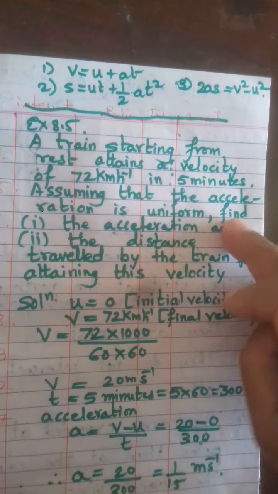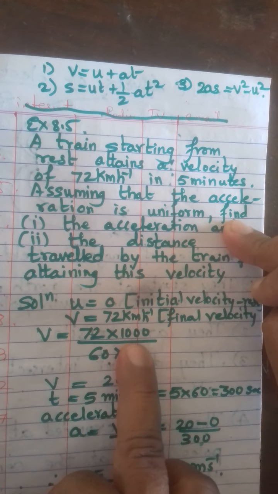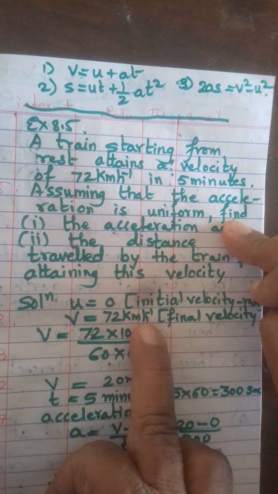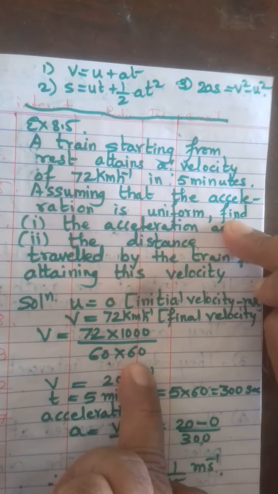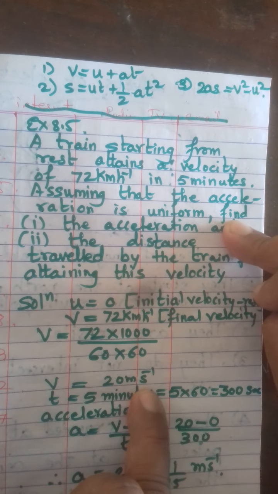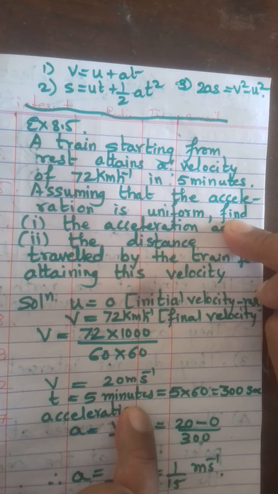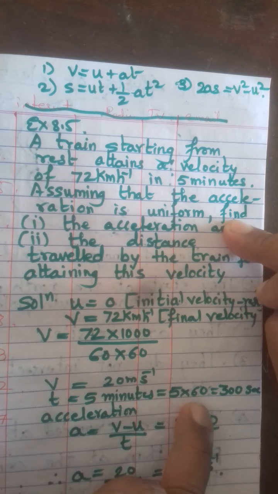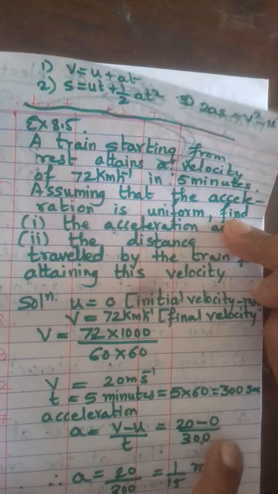Every kilometer is 1000 meters, every hour is 60 minutes, and every minute is 60 seconds. If you cancel this, you get v is equal to 20 meters per second. And time they have given as 5 minutes. 5 minutes means 5 into 60, that is 300 seconds.